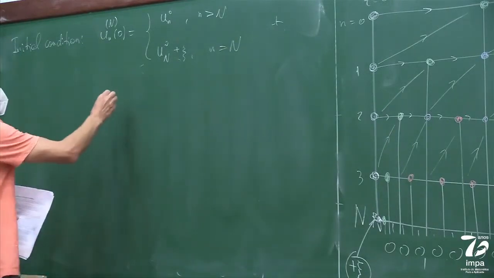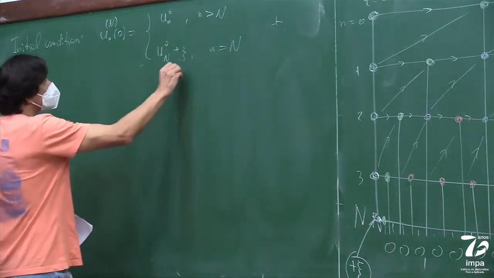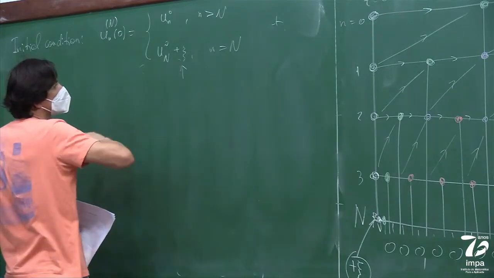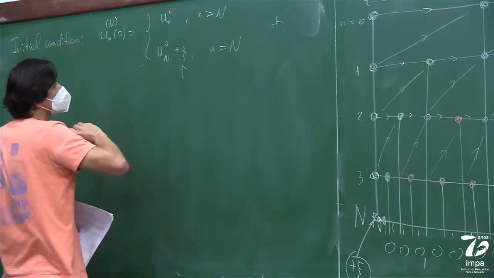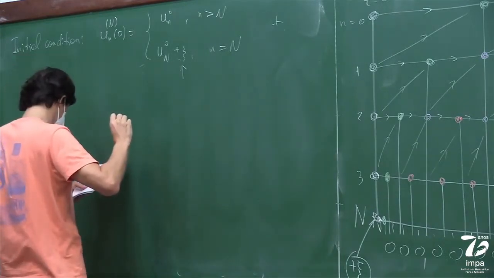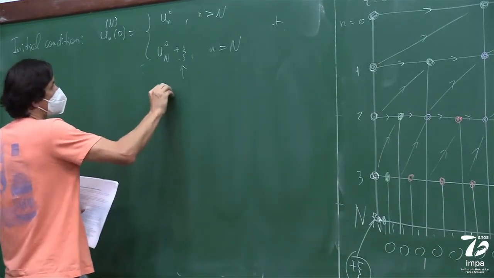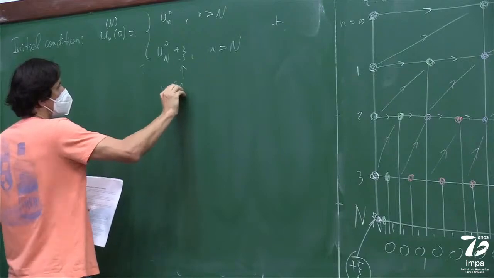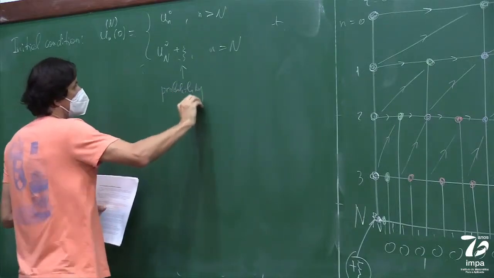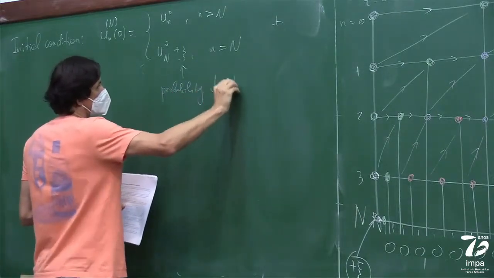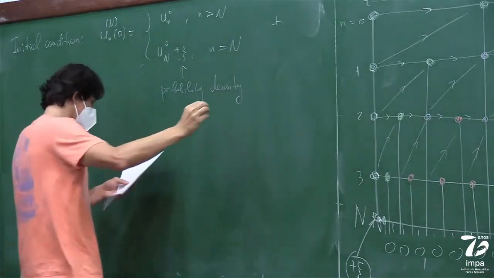And xi is a random variable, so xi has a probability density rho.